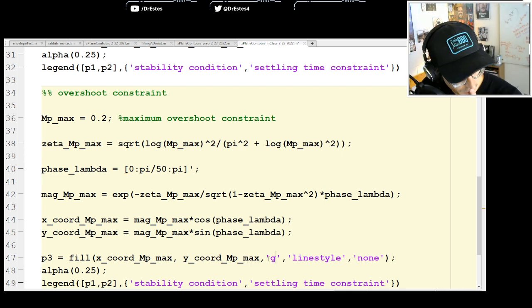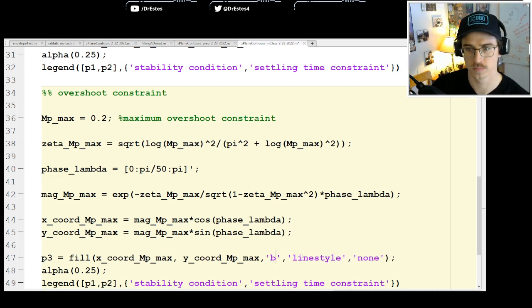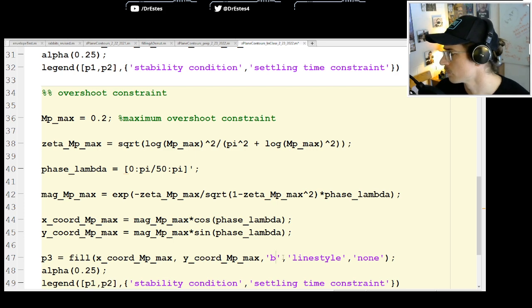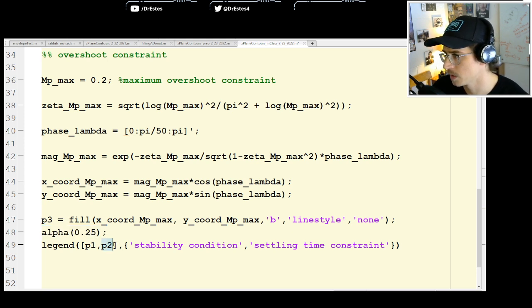Let's change the color. I'm going to do blue. This alpha command makes it kind of transparent so we can see through and get that Venn diagram feel. And let's append P3 to our legend.